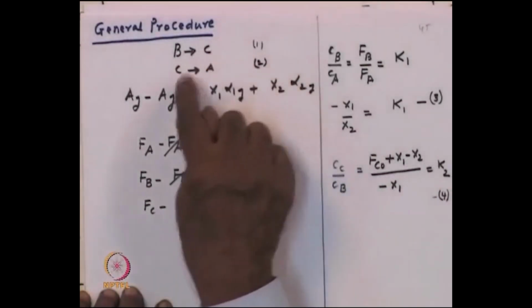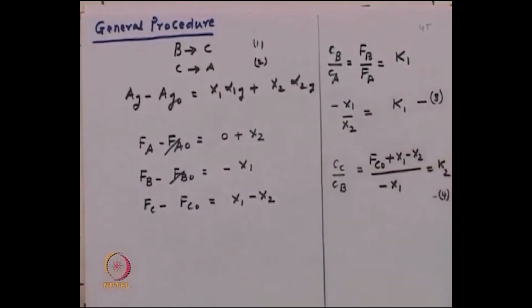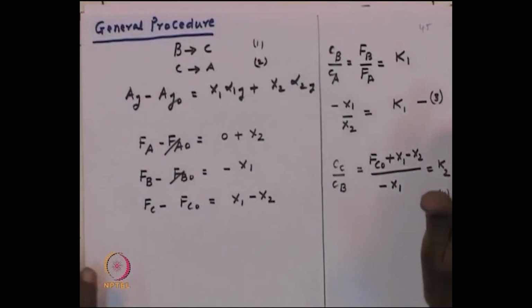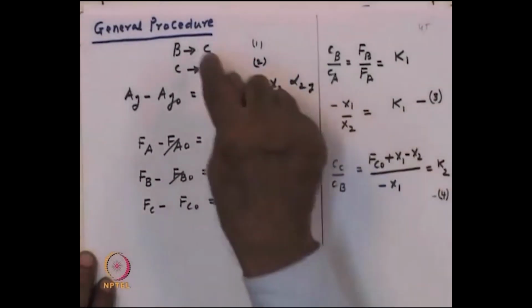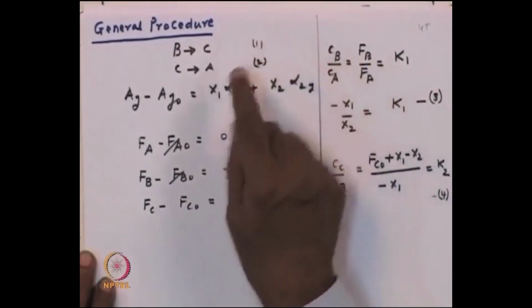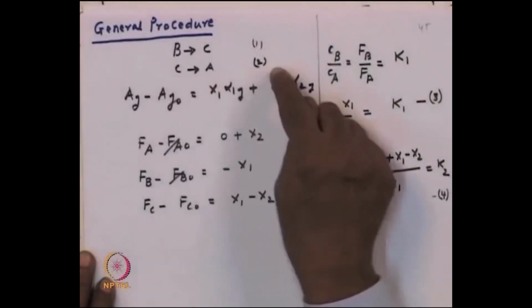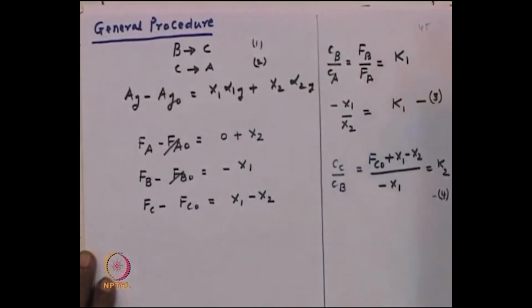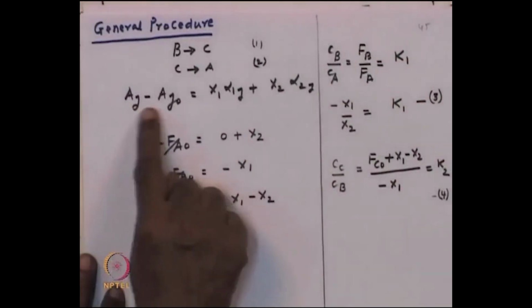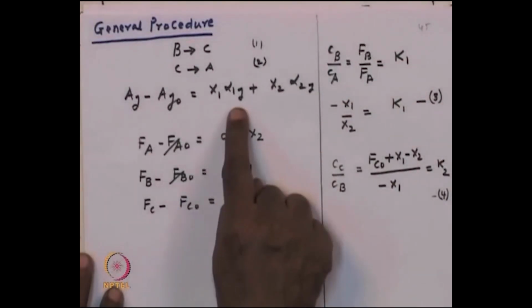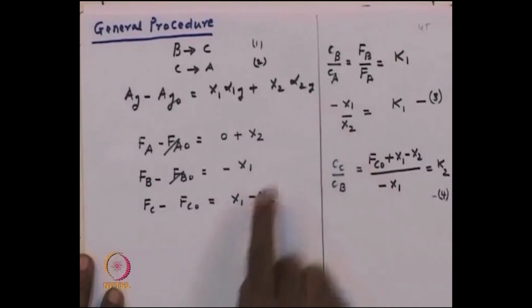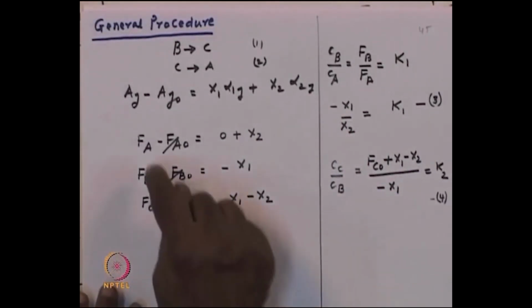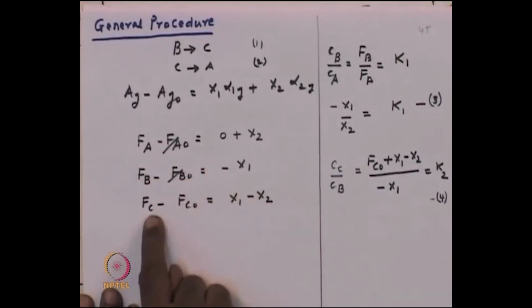I have just taken B going to C and C going to A as an example, you can choose any. So, there are two reactions. B going to C has extent of reaction x1, C going to A has extent of reaction x2. So, when you write A_j minus A_j0 as x1 alpha_1j plus x2 alpha_2j, now I want to write the stoichiometry for components A, B and C.